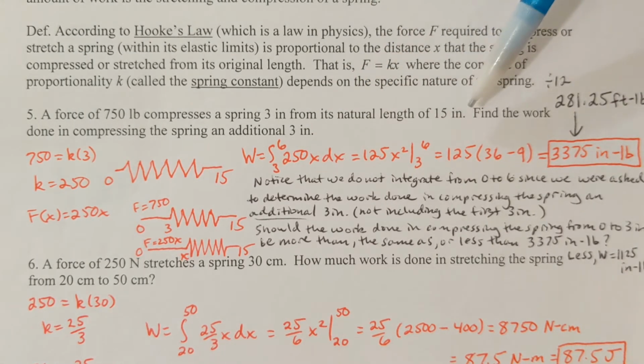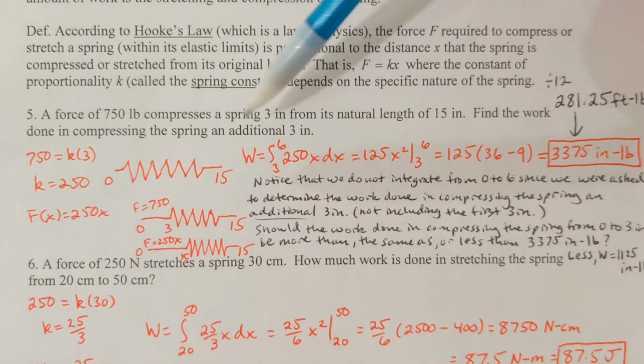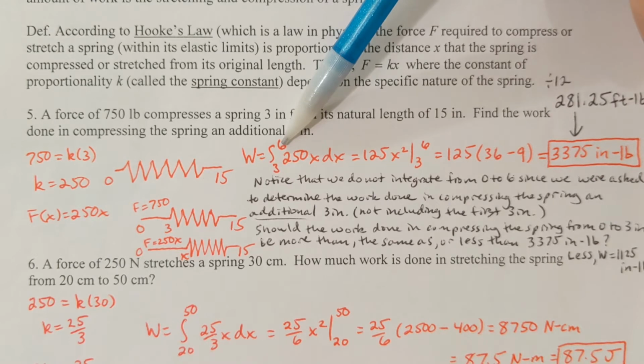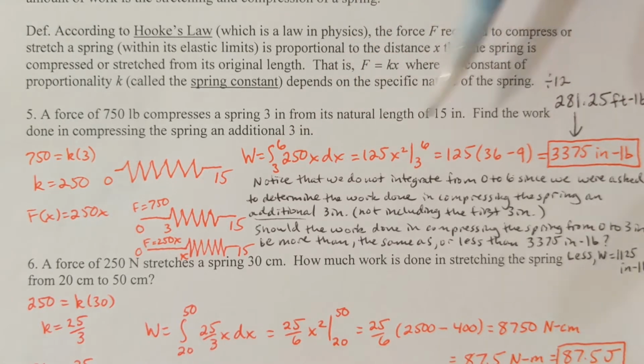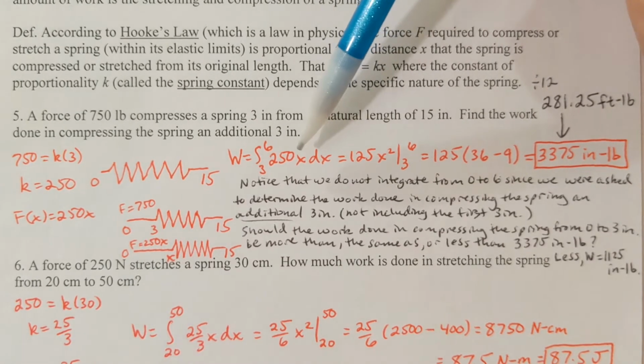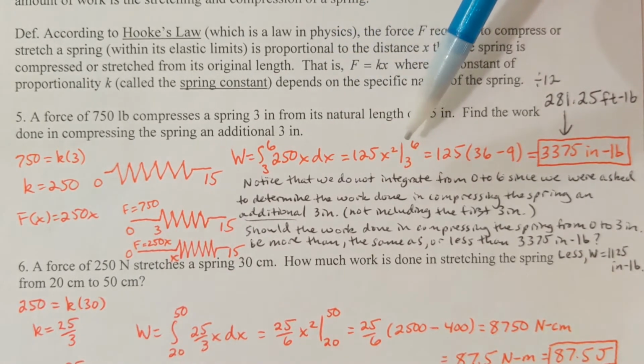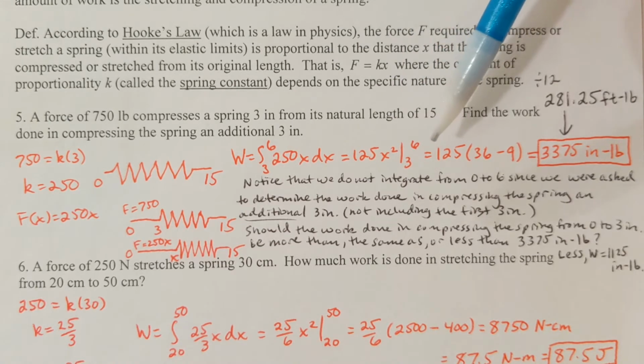Now I want to find the work done in compressing the spring an additional 3 inches. So I'm already at 3 inches into it. I'm going to start at 3 and go an additional 3 inches. So I want the bounds in my integral to be 3 to 6. The antiderivative would be 250x squared divided by 2, or 125x squared. We're evaluating that from 3 to 6.